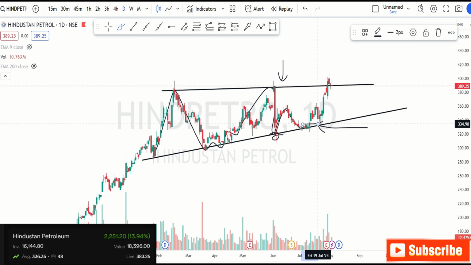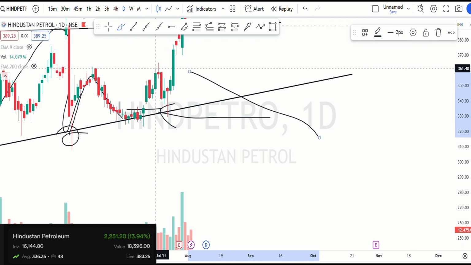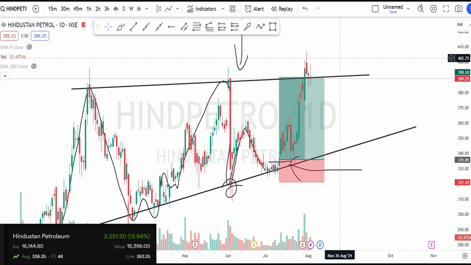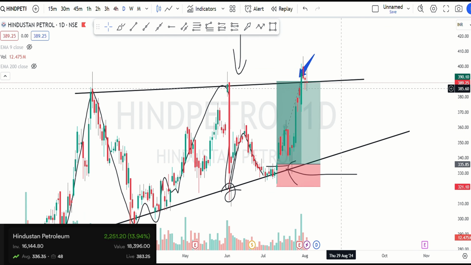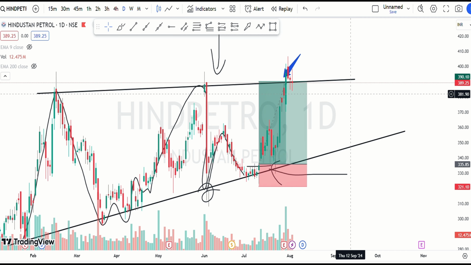I kept my stop loss below the swing low over this place, and I exited exactly at this place. I made more than 18% on this trade, and this is just a live example. Let's go with the next trade.